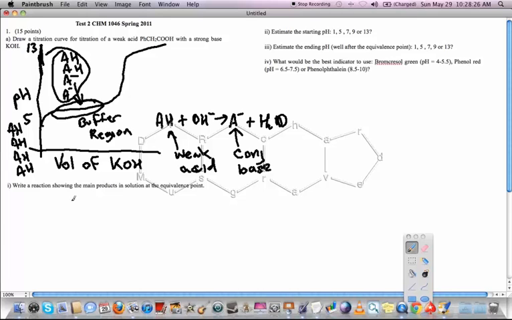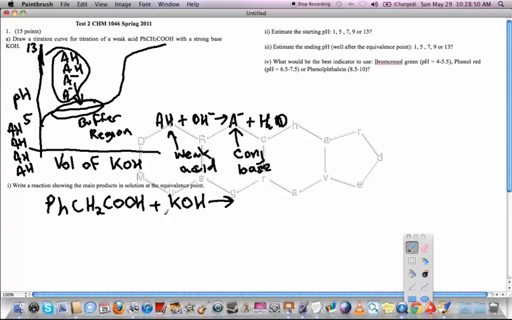Okay. Let's look at the reaction showing the main products in solution at the equivalence point. So we'll have the acetic acid, the weak acid, reacting with the KOH. So we'll have equal amounts of these at the equivalence point.